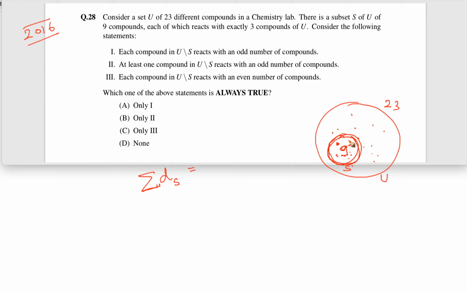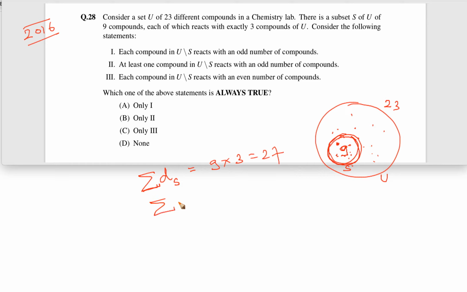So it is 3 plus 3 plus 3, 9 times, essentially 9 into 3, which is 27. Now they might be inside or outside, I am not saying that. I'm just saying that 27 is the degree of the compounds which are inside S.